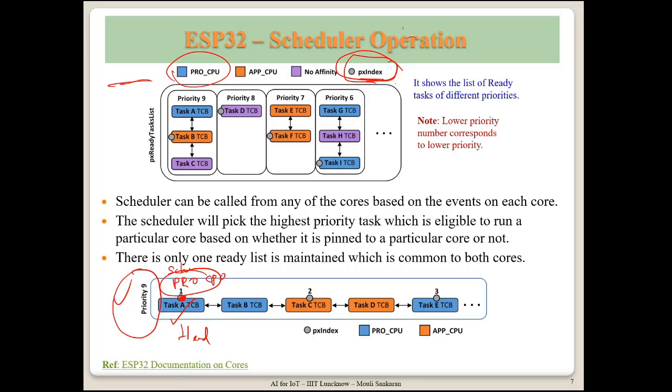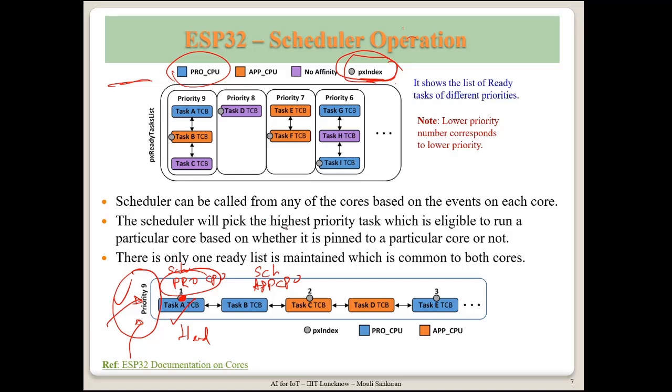In the previous run of the protocol scheduler, this task was picked up by it, because you don't know when the scheduler for the APP CPU may get a chance to run, and then that one will also come looking for a task. So if no other higher priority tasks are running, that scheduler also will land in the same priority queue. So it should know what was picked up earlier.